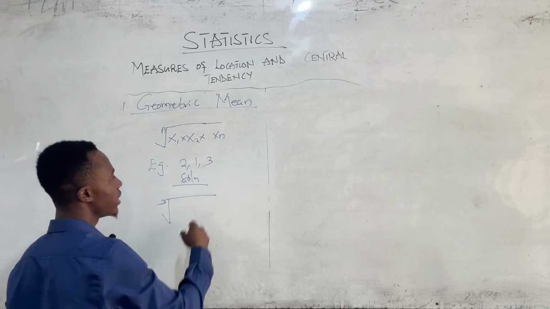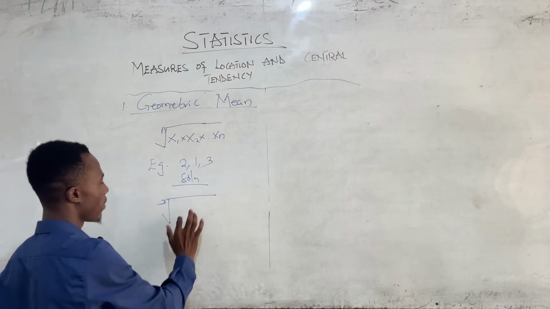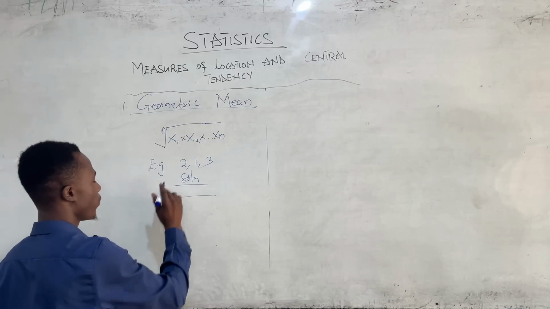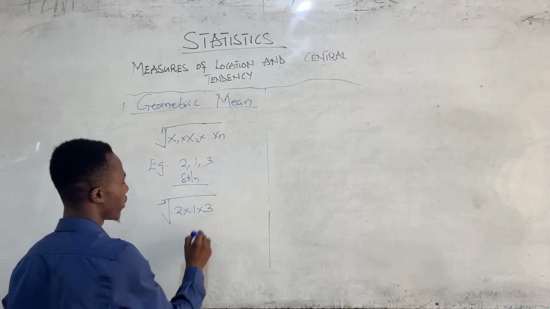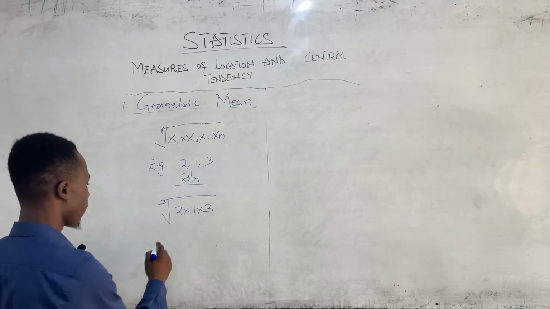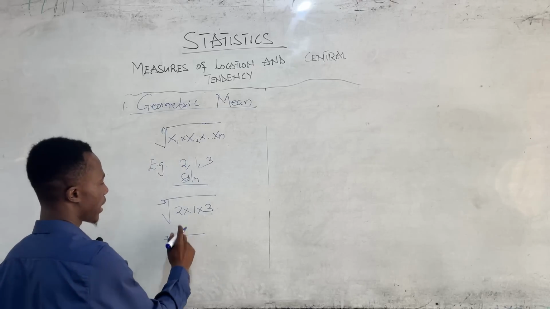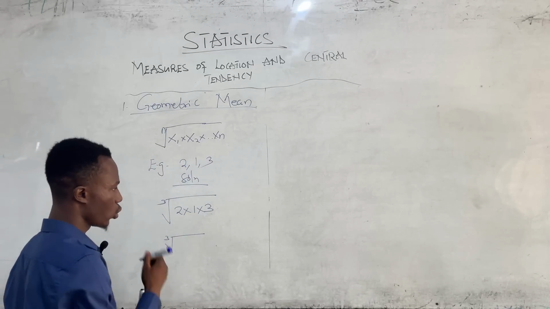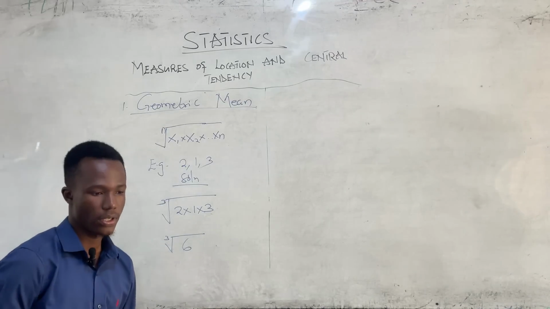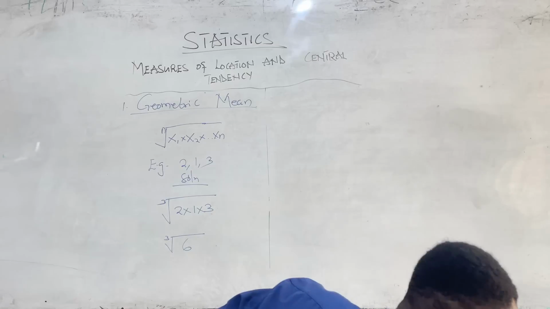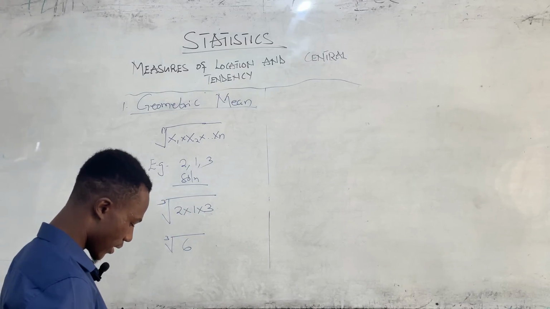Then we are saying all these numbers are x values, so you multiply them under this root. First, 2 times 1 times 3. So 2 times 1 is 2, 2 times 3 is 6. So we have the cubic root of 6.